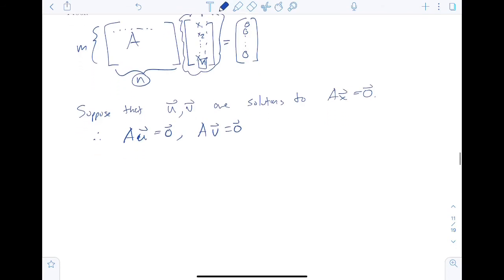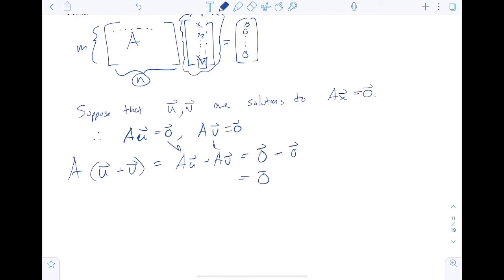Well, I want to show that u plus v is still a solution. So what is A times (u plus v)? Well, that's Au plus Av. I know what those are. That's just 0 plus 0, which is in fact 0.